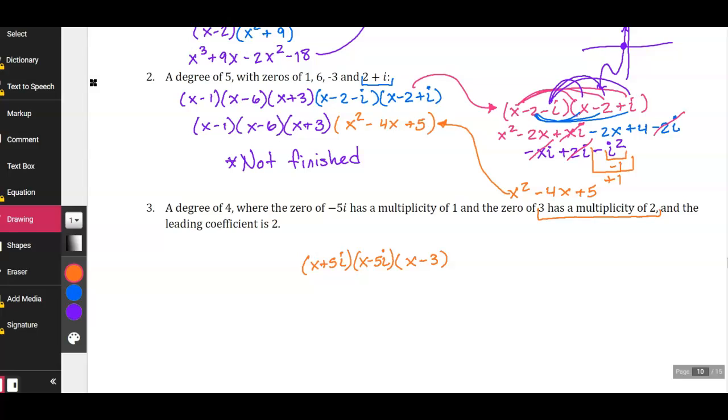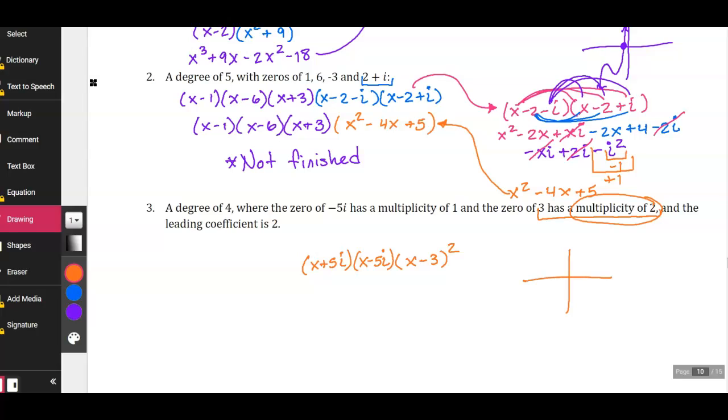Yes. Anytime we have a multiplicity of 2, that multiplicity is the exponent of the factor. So if the zero 3 has a multiplicity of 2, it means x minus 3 is actually squared. Right, there are 2 of them.